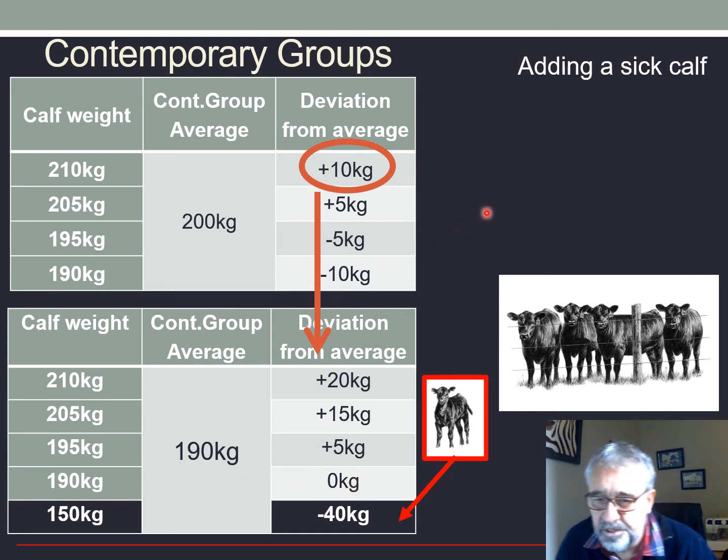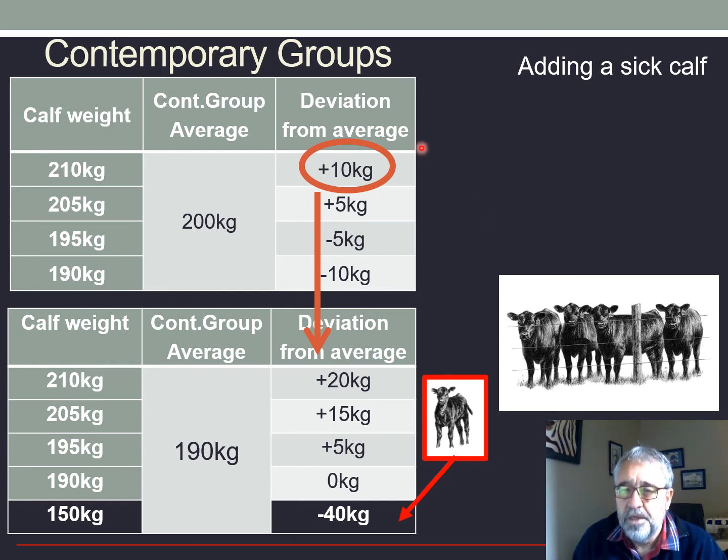So this is just a caution: if you put these contemporary groups together, you need to be very cautious that you have to compare apples with apples, and not elevate the genetic merit of a calf or an animal by trying to compare it with an animal that was subjected to an external environmental influence that could influence the performance of that animal.